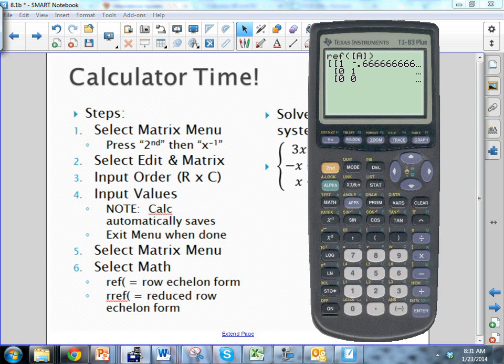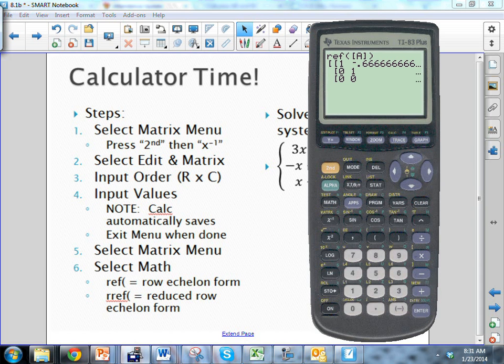Whoa! This is fun. You just go to second matrix, and just select A. Just hit enter.